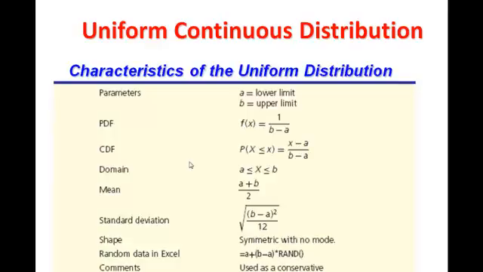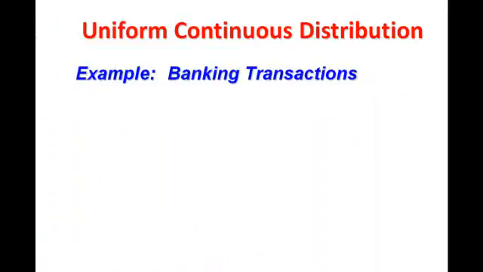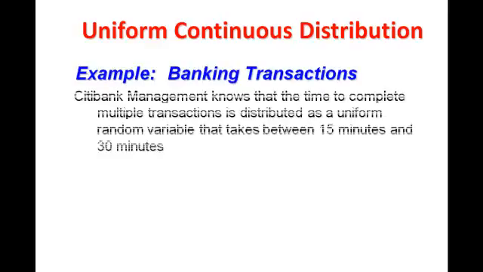But there is one thing I do have to tell you, and that is that Excel will not calculate a uniform distribution. It won't do it in MegaStat, it won't do it in the formula, so it's something you just have to do.